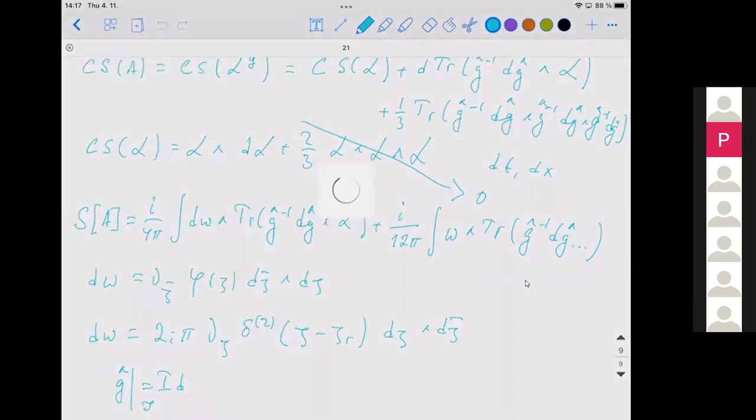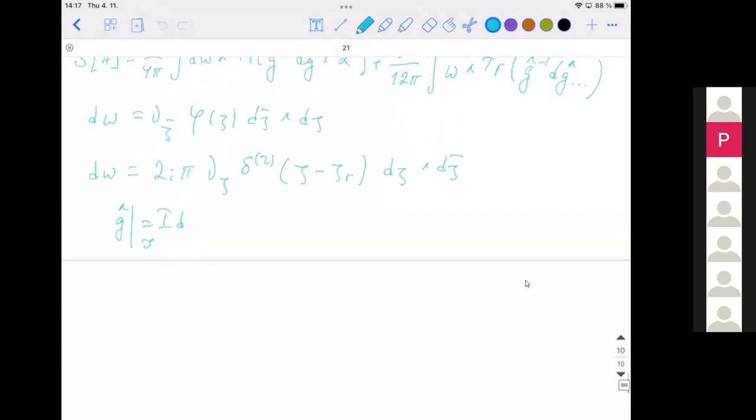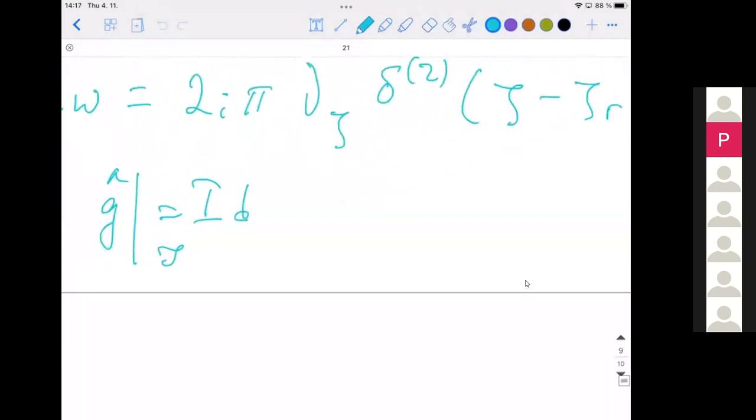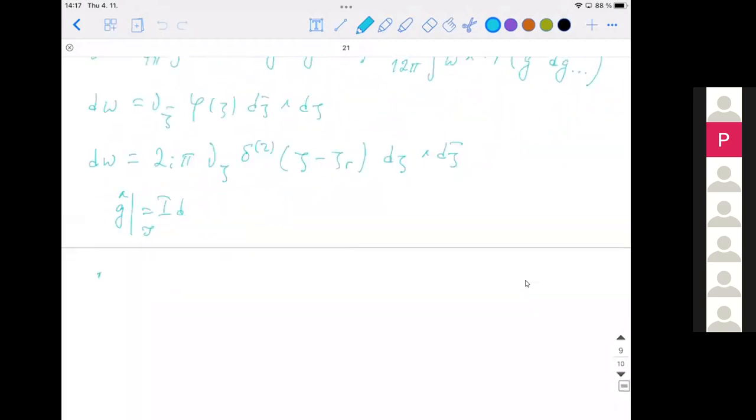So there is no distribution at infinity, but there is a distribution at 0. So we will just write this.